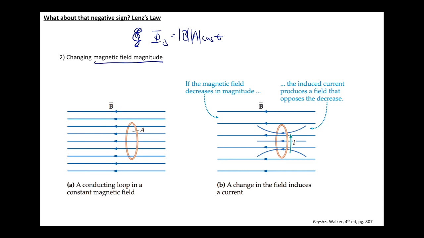Notice here they've illustrated a case where we have a decreasing magnetic field. See the line density here compared to the line density there. So in these two cases, the strength of B is decreasing. And I do like this illustration because they show the loop itself adding in more field lines in the same direction, trying to get back to the density that's over here.